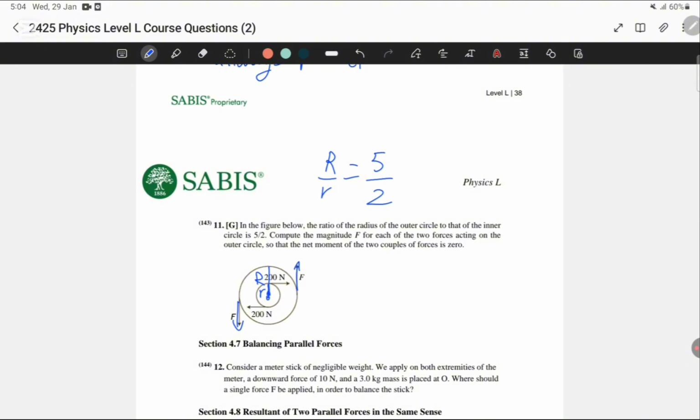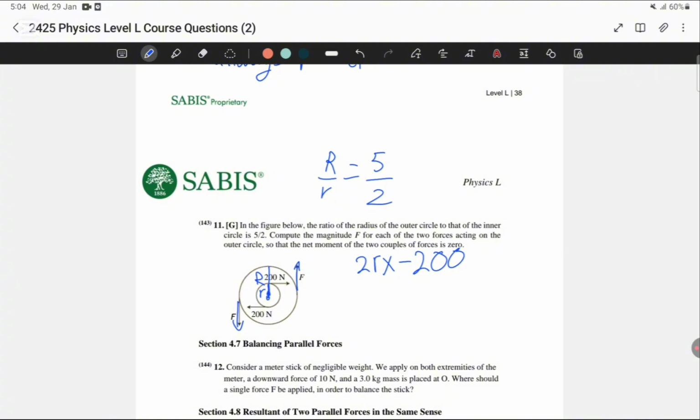Okay. The distance between those two forces is 2 small r. So 2r times negative 200. Plus or minus, let's see, we move it. Hold a steering wheel in your hand, push your right hand upwards and your left hand downwards.